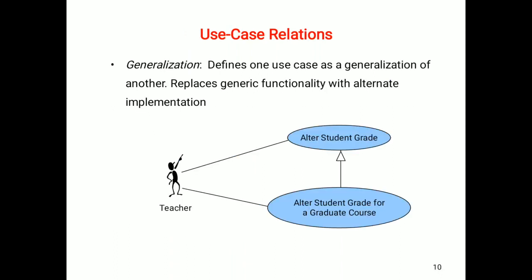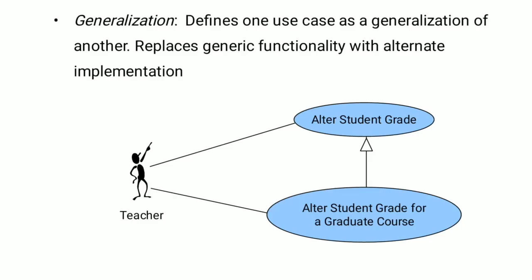This is generalization. Now see, after student grade and after student grade for a graduate course. So after student grade for a graduate course is specific and after student grade is general. So the arrowhead is pointing from the lower one, specific, to the upper one, general. This is called a generalization.